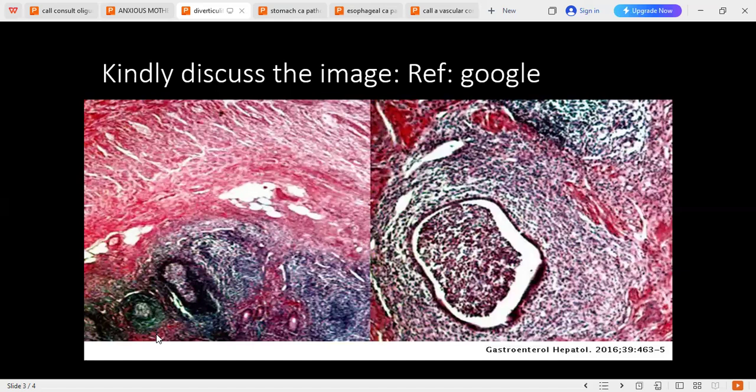Tell me the layers of the uterine epithelium or the uterus. As I said, the inner layer is endometrial, and there are two other layers, basal and functional. Functional gets sloughed during the menstruation, and the basal layer is the outer layer.